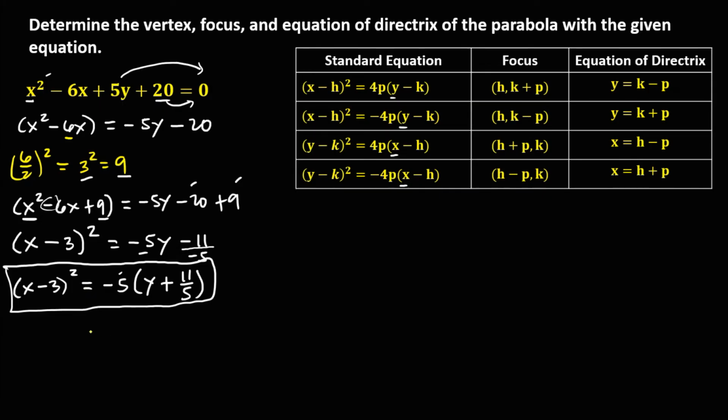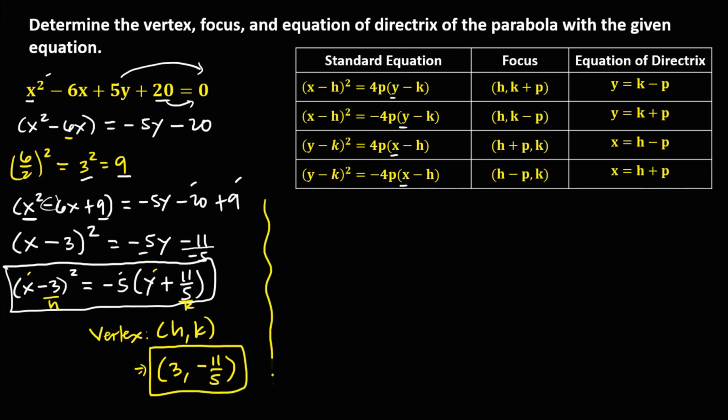Then from the standard equation for the vertex, so vertex is h and k. So since this one is x, therefore this one is h, and this one is y, so this one is k. So for the vertex h, since this one is negative 3, so the opposite sign, h is positive 3. And for k, since this one is positive, so k is negative 11 over 5. So this is now the vertex.